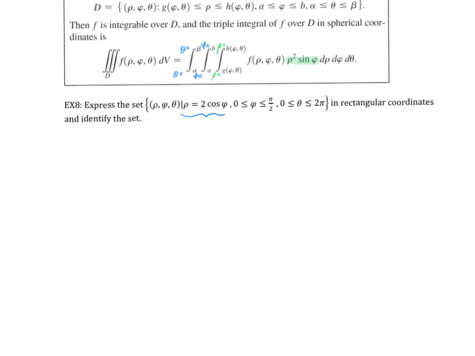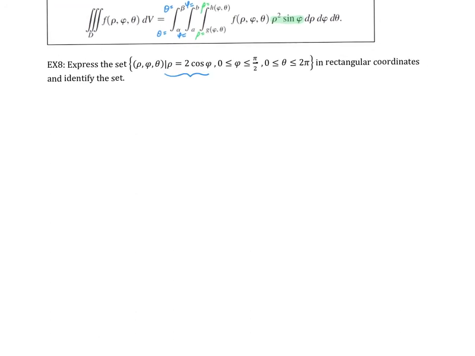So I'm just going to take this equation and multiply both sides by rho to get rho squared equal to 2 rho cosine of phi. And now I can replace the rho squared with x squared plus y squared plus z squared. And on the right hand side, that's just 2z.